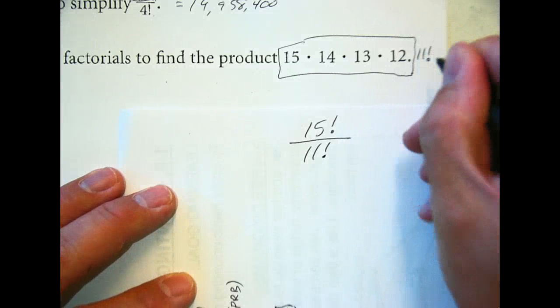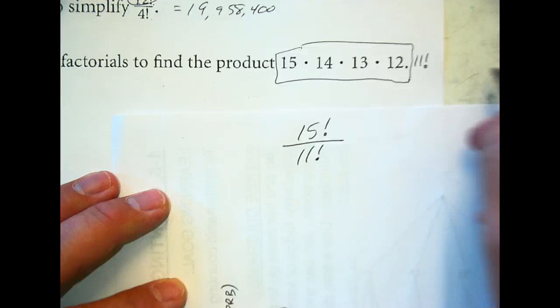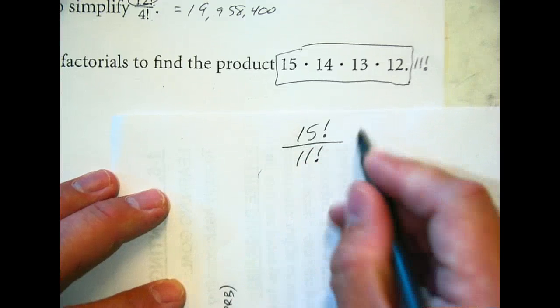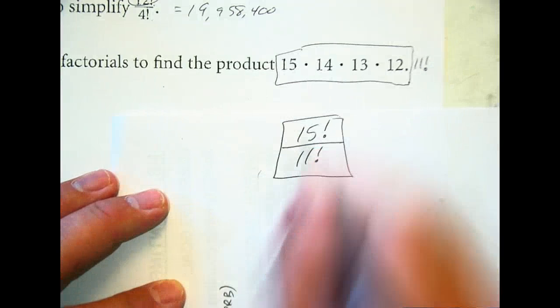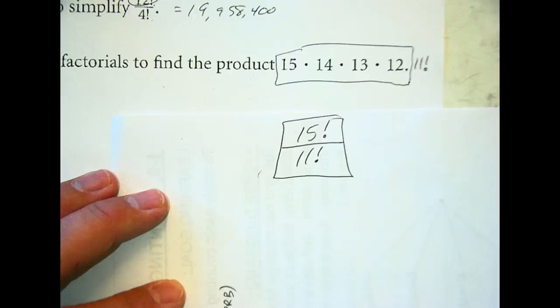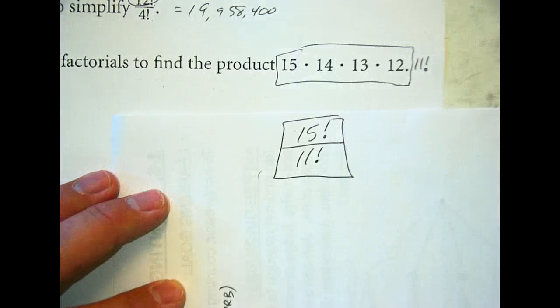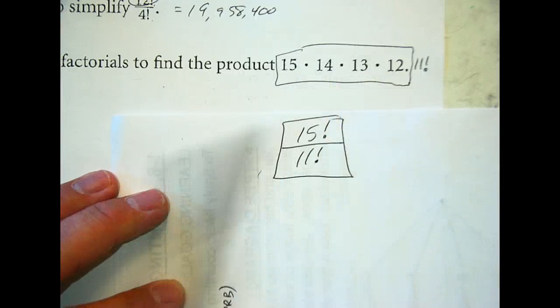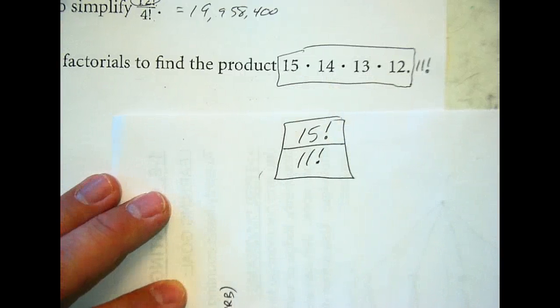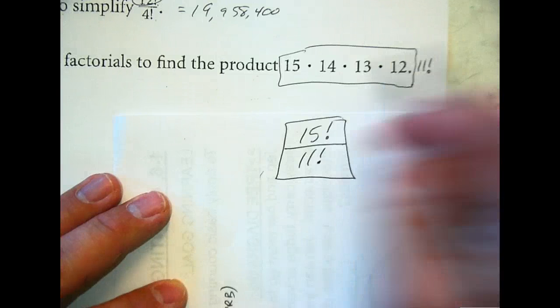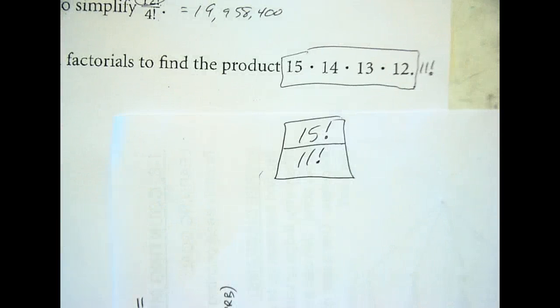We're missing the 11 times 10 times 9 times and so on. So that's the fraction form of that. As Jaden pointed out, this is the simplified form. And we could verify our work by multiplying it out. Any questions there?